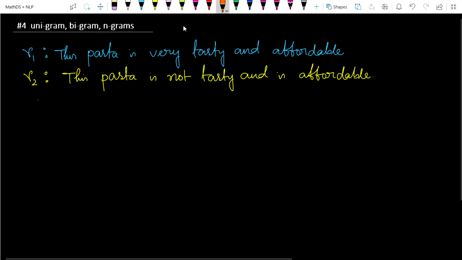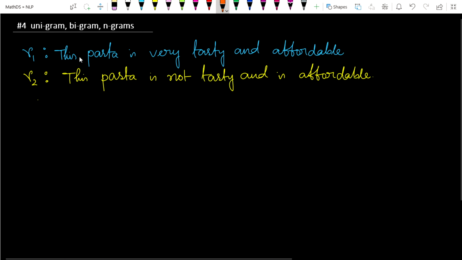Now let's try to understand the concept of unigram, bigram, and n-gram through these two reviews. The first review says that this pasta is very tasty and affordable, and the second says that this pasta is not tasty and it's affordable.